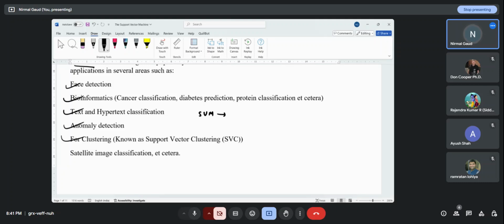But we are not specifically using SVM for clustering. We do use SVM for regression and classification.